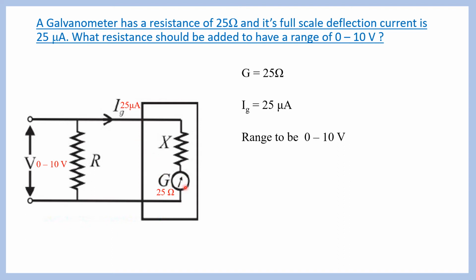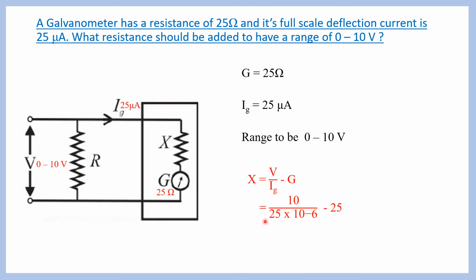So we will try to solve the problem using this formula: X is equal to V divided by Ig minus G. Here Vg is not given, even though we can calculate it, because Ig is given, V is given and G is given.